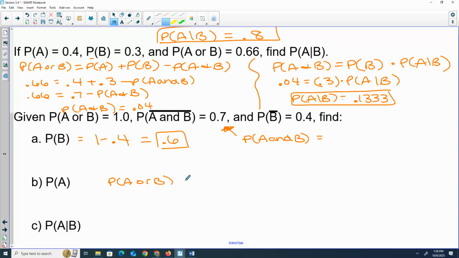But we don't know that they're mutually exclusive, so it has to be the probability of A plus the probability of B minus the probability of both. Can you plug them in? Like you put 0.6 into P of A? Yes. But you're missing one piece here.